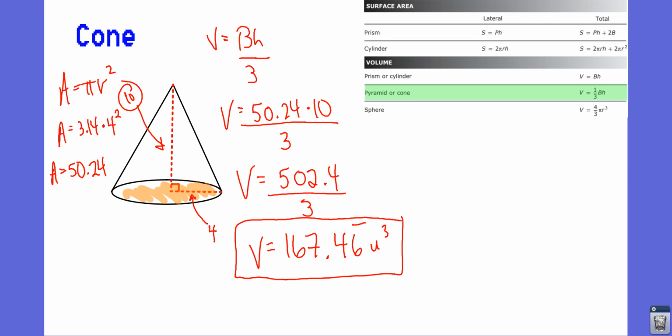So this is the volume of the cylinder right here that this came from. 502.4 is the volume of the cylinder that this cone came from. And whenever we divided it by 3, we found the volume of the cone, 167.46 repeating. So really, you could always treat it like a cylinder and then just divide it by 3.